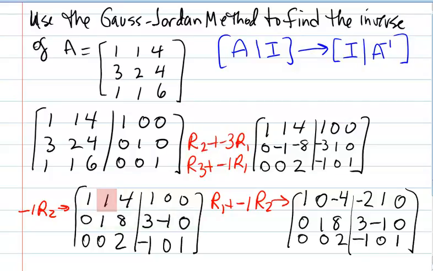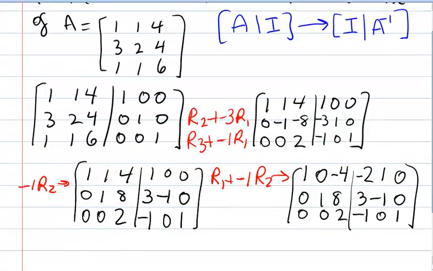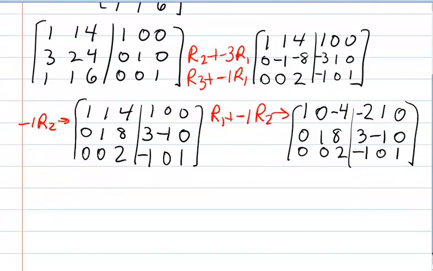Now I have the second column cleaned up, and I have to move on to the third column. First thing I want to do is make a 1 in this position, so I'm going to have 1/2 row 3.